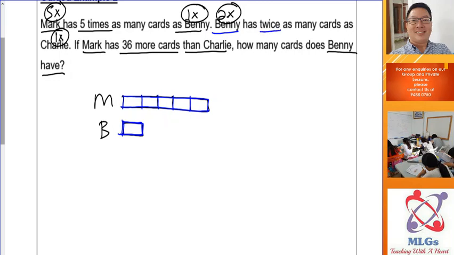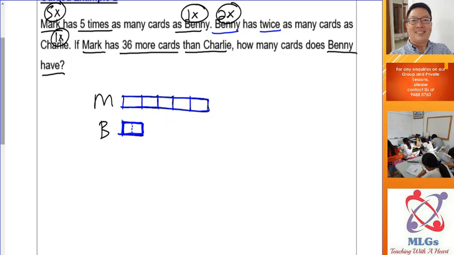So how do you make this box into 2 times? How can you cut it into 2 boxes? You just use your dotted line and cut into 2 smaller boxes. Without changing the length of Benny's rectangle, you don't make it longer. You still have the same size, but how to make it into twice?